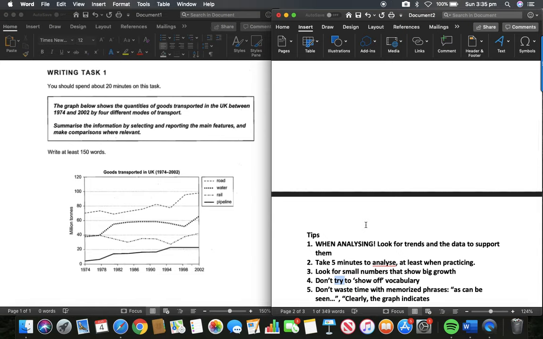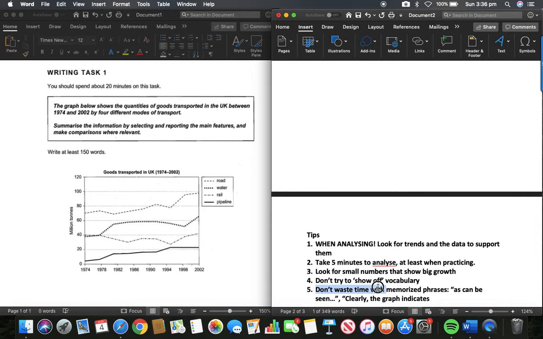And yeah, there's nothing wrong with keeping it simple. And you'll find that the more you focus on analyzing, the less you need to worry about vocab. Remember, the point is not all the special vocab you know but might not be able to control, but your ability to express clear ideas.